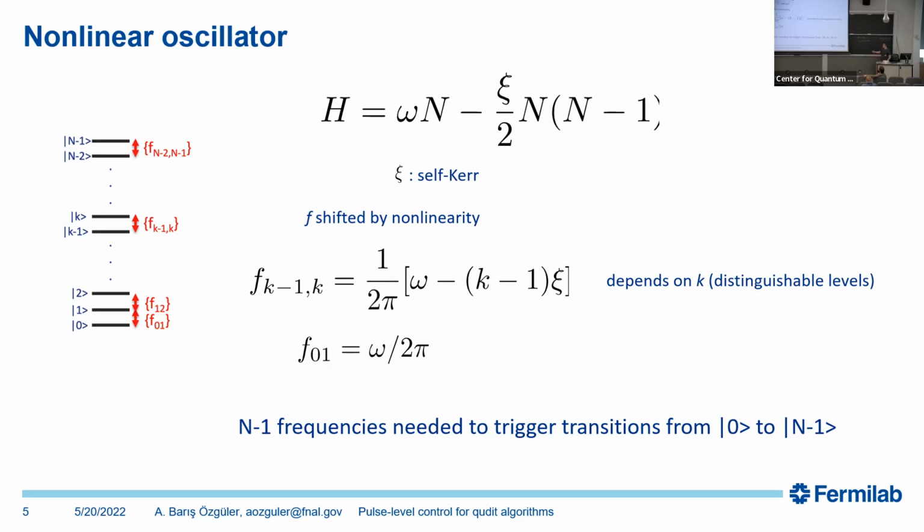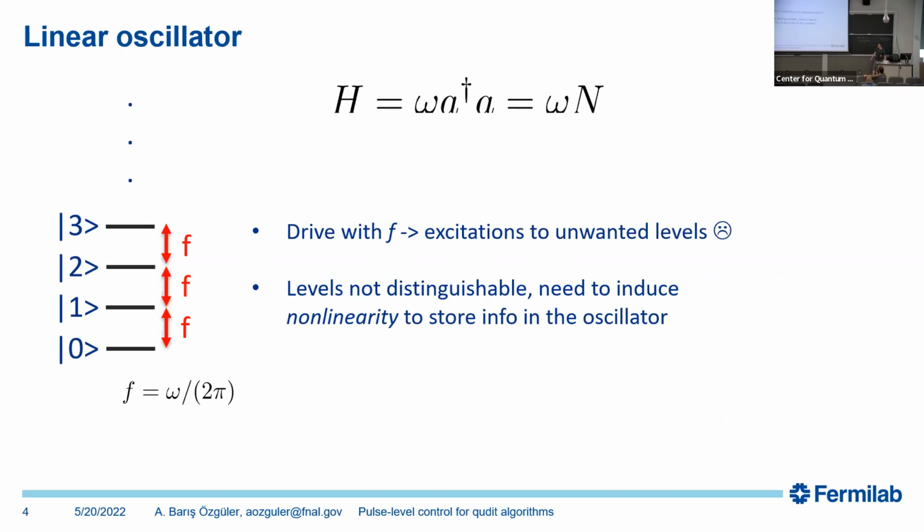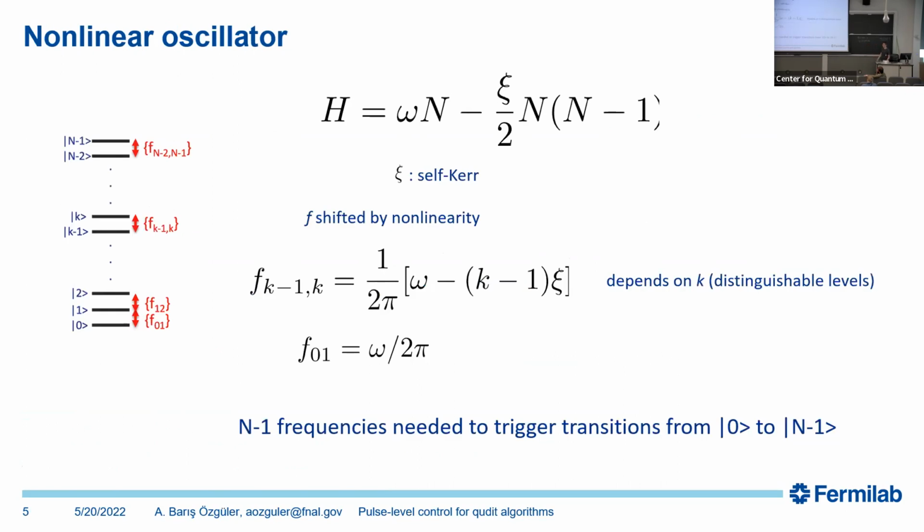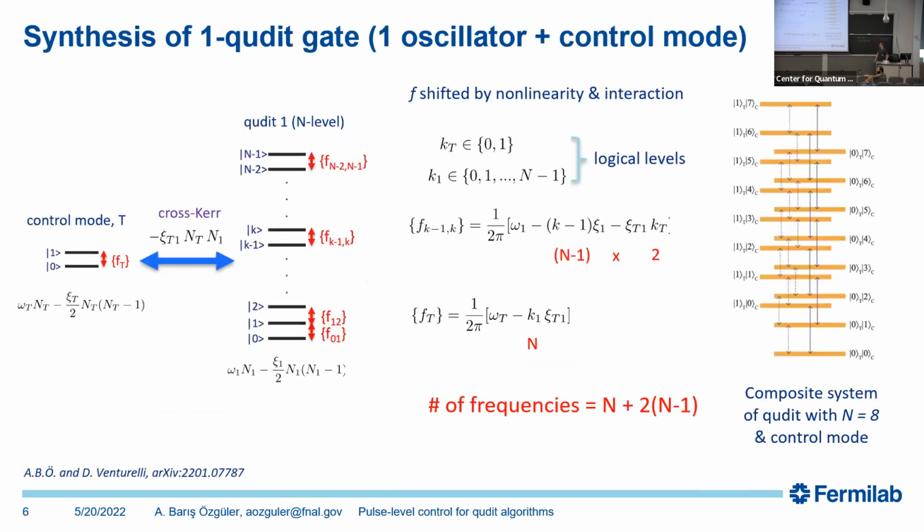So if you want to climb from, for example, 0 to n-1, we would need n-1 frequencies, and in the formula that I showed, you would have a summation over all these W's, which are written for each frequency F.